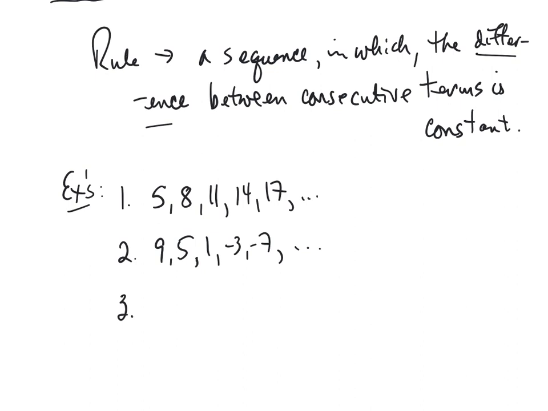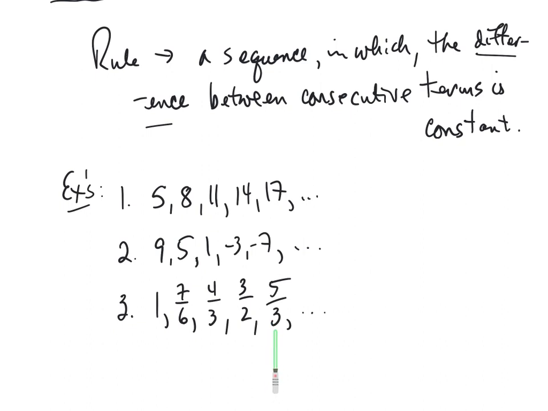All right, another example, one that's a little bit tougher to see. 1, 7/6, 4/3, 3/2, 5/3, and so on. This one's not nearly as obvious, but you take a look at any one of the terms.